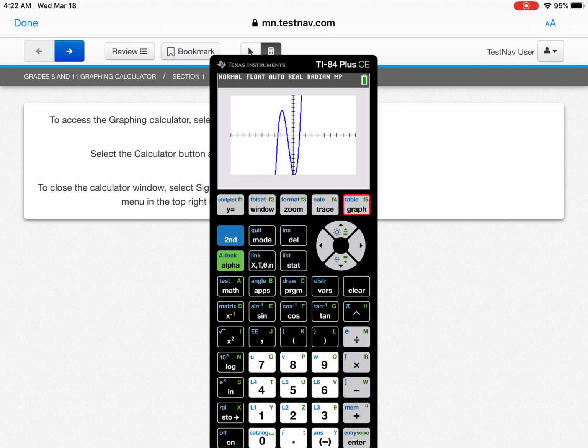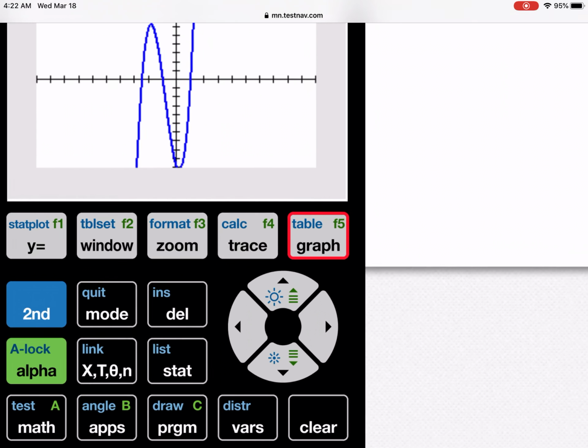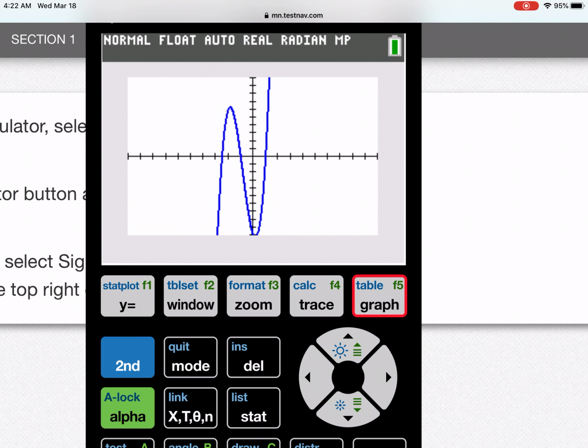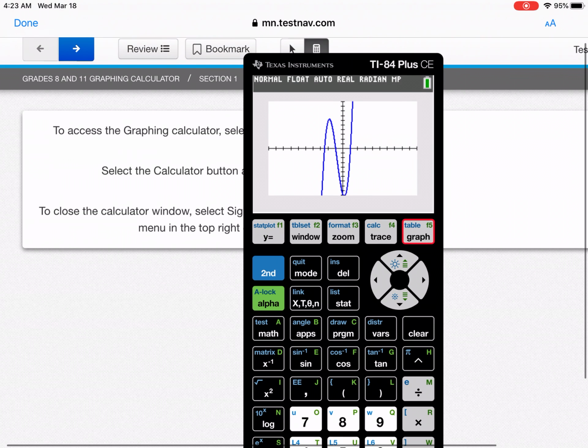So on this one, you're going to notice that we have two turning points. We have a max up here in the second quadrant, and then a min down there in the fourth quadrant. We have 3 x-intercepts. So we're going to go ahead and find the x-intercepts first.